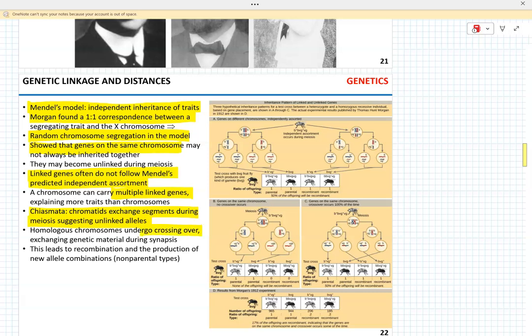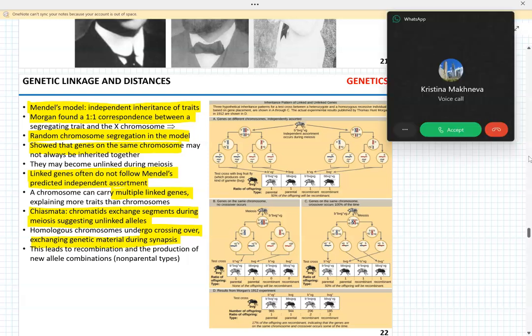This crossing over results in the exchange of genetic material during synapsis, which leads to the recombination between the non-sister chromatids and the production of new combinations of alleles, i.e. non-parental types. So the take-home message from this is that when you have two genes on the same chromosome, they can either be inherited as the parental phenotype, meaning that they are linked, or they can be inherited after the recombination.